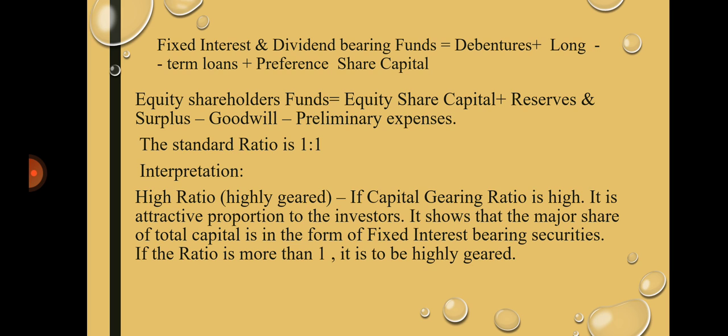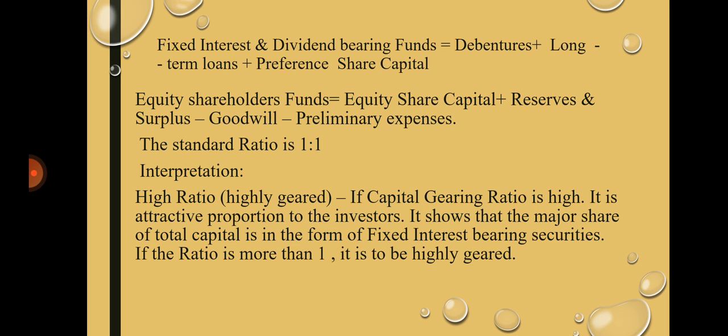Irrespective of the profitability position, the business concern has to pay interest on debentures, interest on long-term loans, as well as dividends to the preference share capital holders. Okay, and these funds are called fixed interest and dividend bearing funds. Okay, whereas equity shareholders fund is equal to equity share capital plus reserves and surplus minus goodwill and preliminary expenses.